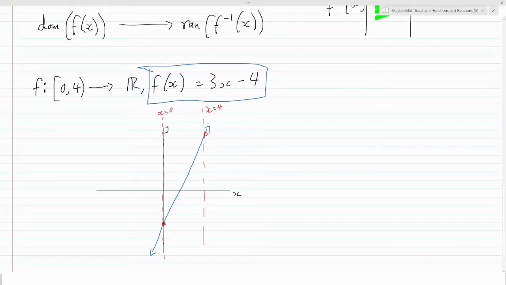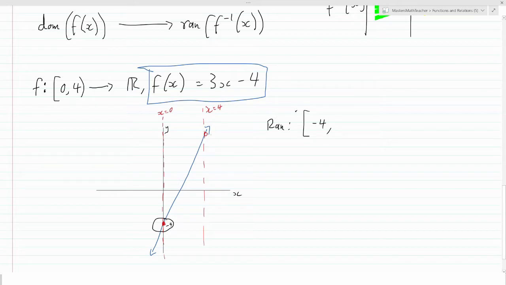So let's find out these points. Well, we already know that this one is negative 4. That's because we knew the intercept was negative 4. So our RAN is going to be negative 4 inclusive of, because we included 0, and it's going up to this point x equals 4.